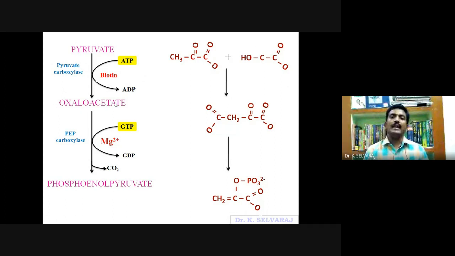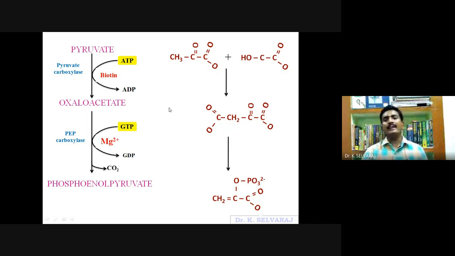At the same time, guanosine triphosphate, GTP, not ATP, another energy-rich compound, is used and converted into guanosine diphosphate, GDP. Then oxaloacetate is converted into phosphoenolpyruvate. It is a direct process, but at the time of conversion, there are two different ways.